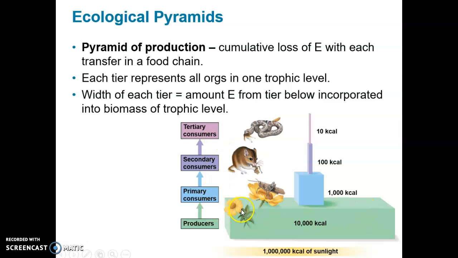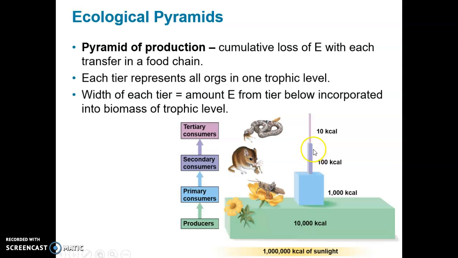The width, size of each tier is a relative amount of energy from the tier below that gets incorporated into the biomass of each trophic level. So what that means is the size, width, whatever dimensions of this trophic level of primary consumers, it represents the amount of energy that's transferred into it in the form of biomass from the producers.